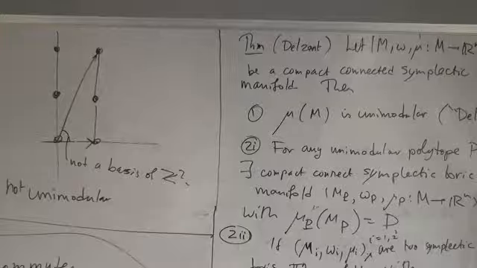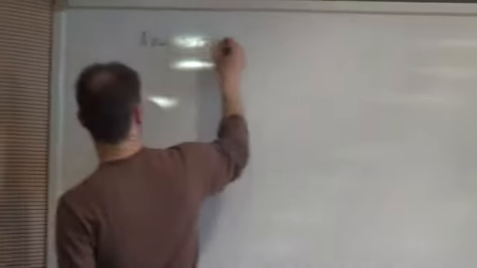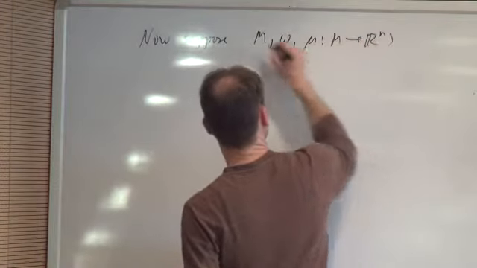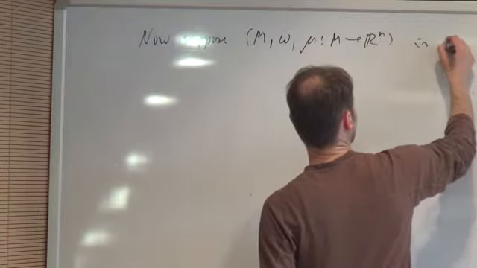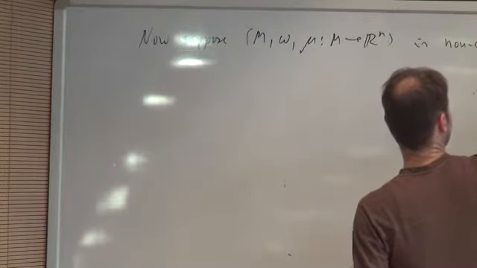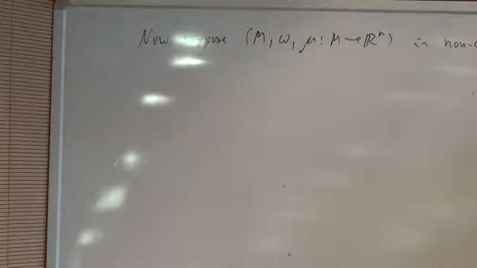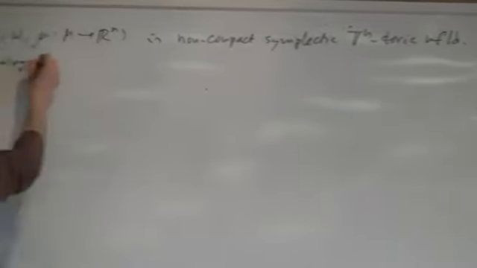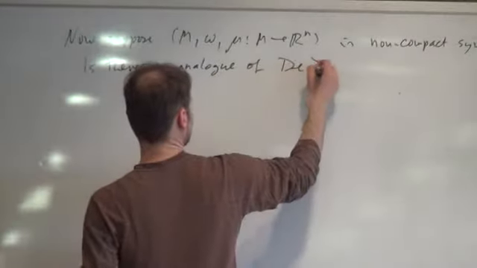Now I want to say a few words. Now suppose (M, omega, mu), M to R^n is a non-compact symplectic T^n toric manifold. Is there an analog of Delzant's theorem?